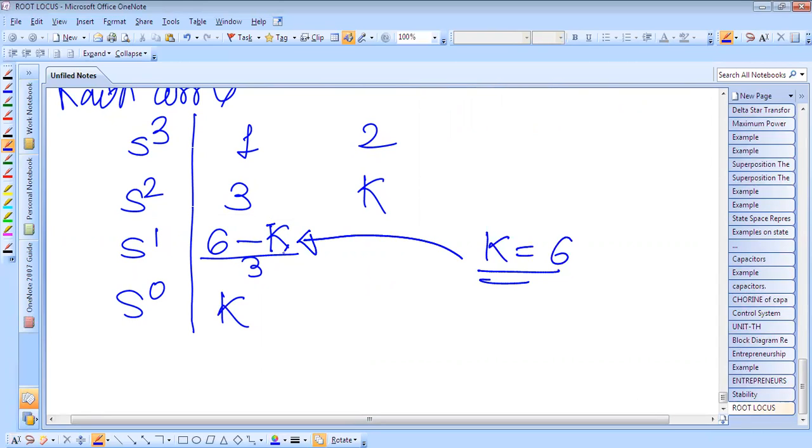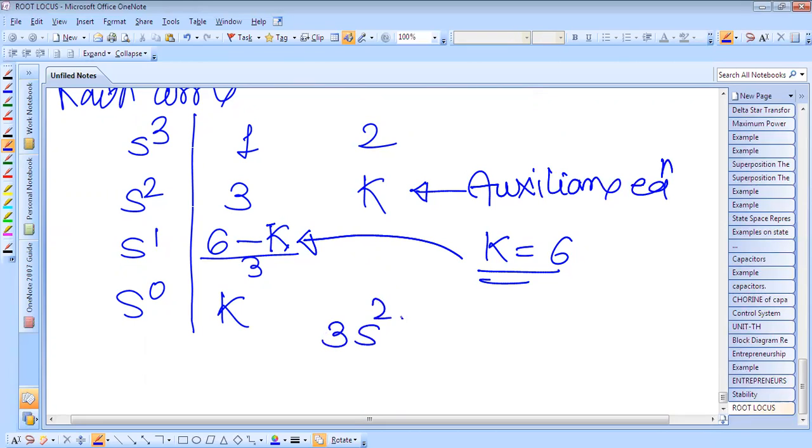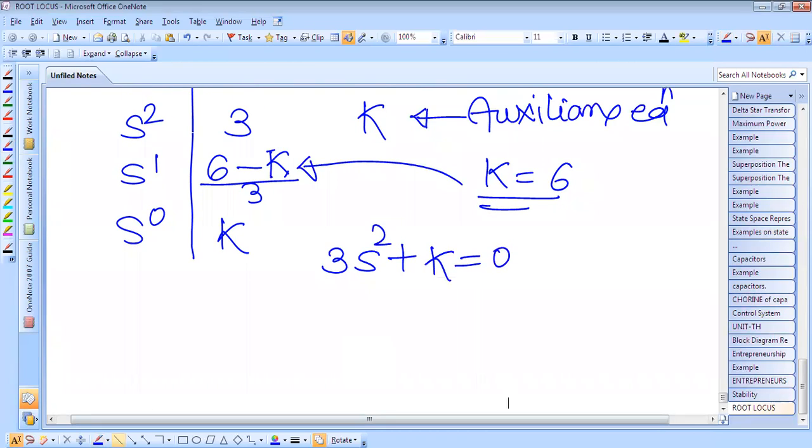Therefore, the crossing point on the imaginary axis can be found by solving the auxiliary equation obtained from the row just above the 0 row. The auxiliary equation is 3s square plus K is equal to 0, and the value of K is 6.